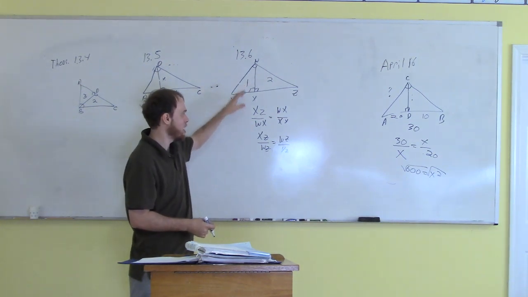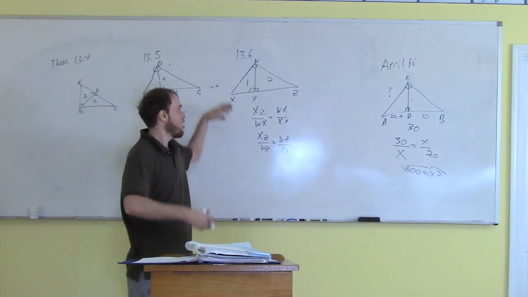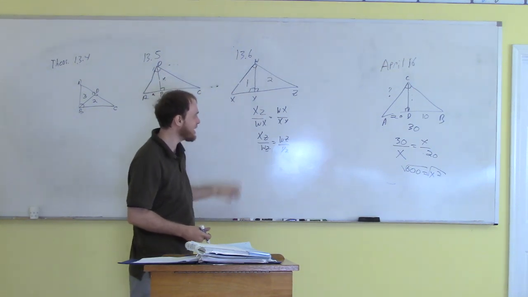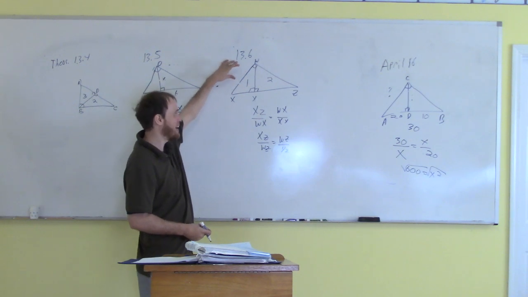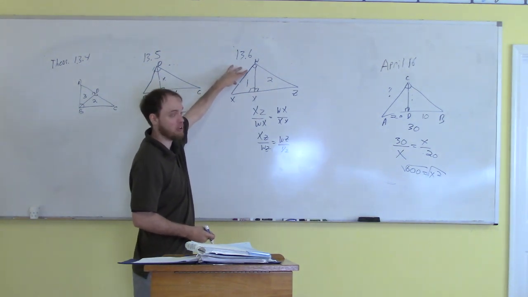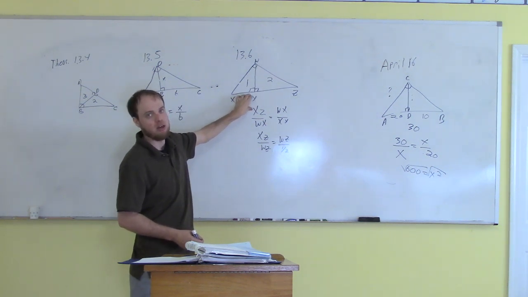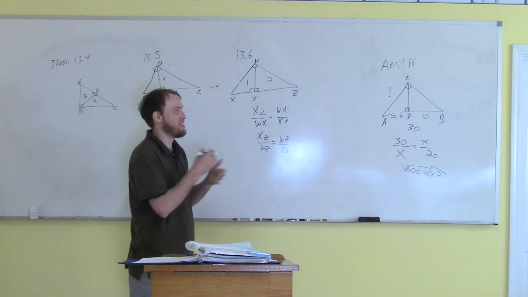So if we're looking at 1, you take the big hypotenuse over WX, which is the hypotenuse of the other triangle, equals WX, the leg of the big triangle, over XY, the leg of the smaller triangle. And so that's how you set it up.